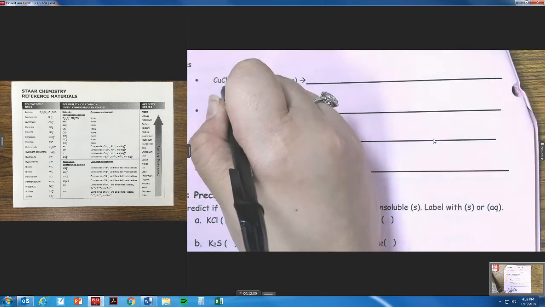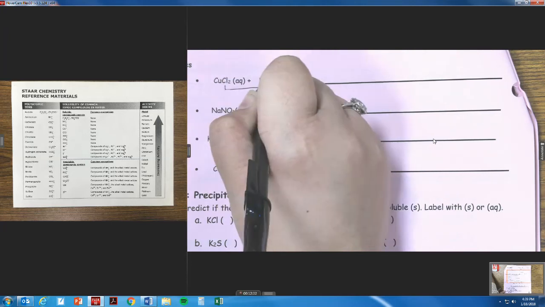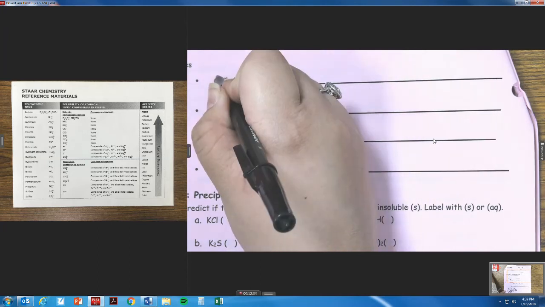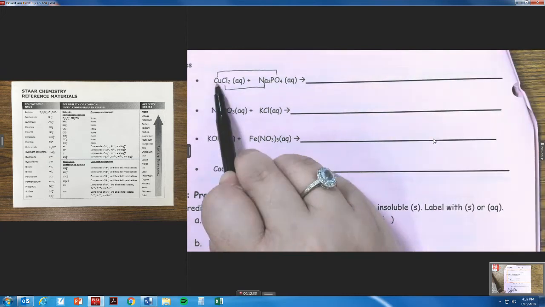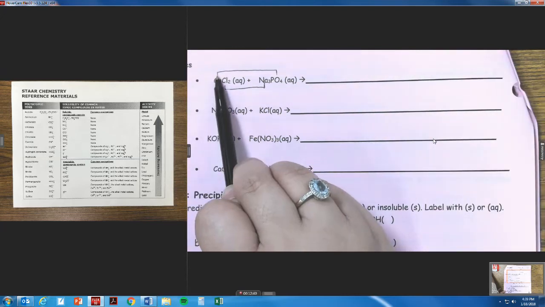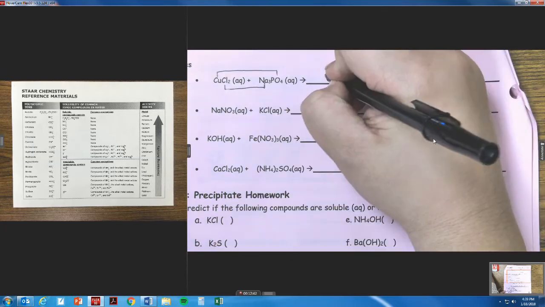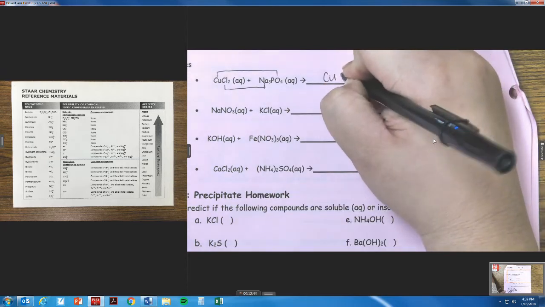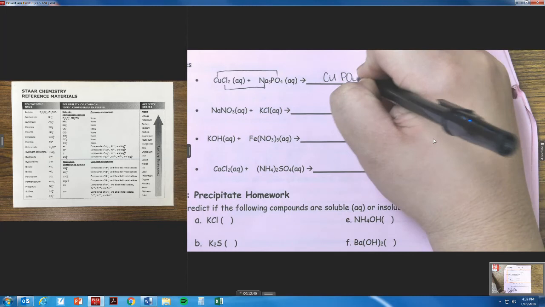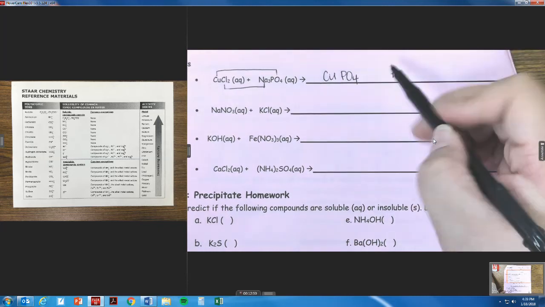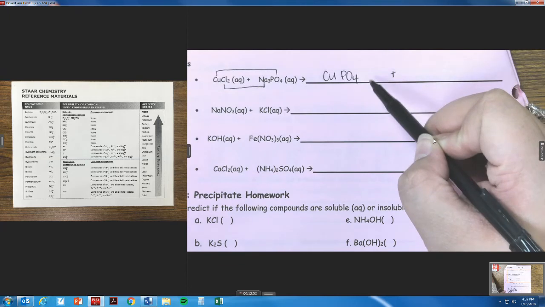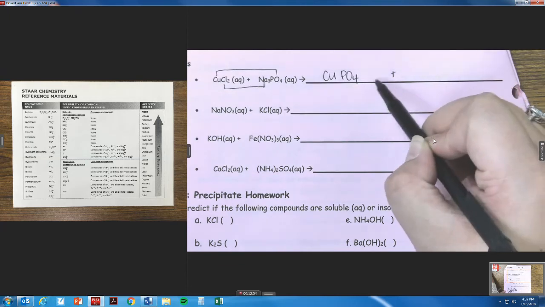But I actually prefer using the inner and outer method just so I can see where everything is going. Okay, so copper was first. So copper is now with PO4, so CuPO4, plus. I'm going to leave some space because I have to determine if it's aqueous or a solid.